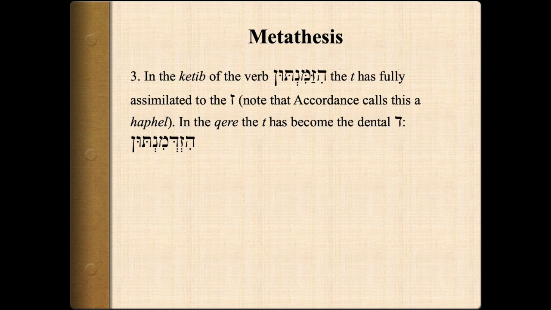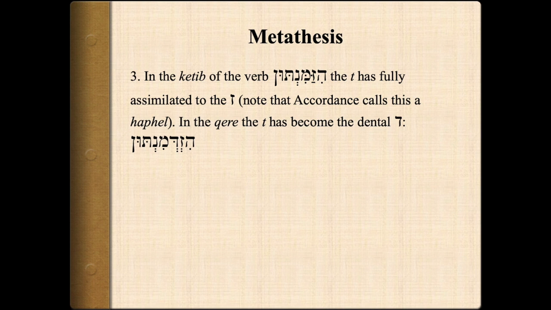Now here we have an occurrence of a reflexive form of the root zaman, zayin mem nun, and with that initial zayin, the tav actually fully assimilates to it and only shows up as a dagesh in the zayin. And this is only in the kativ, however.